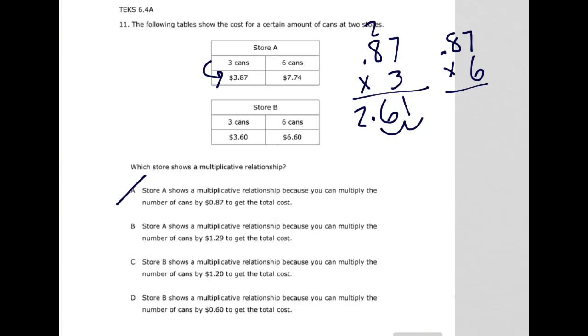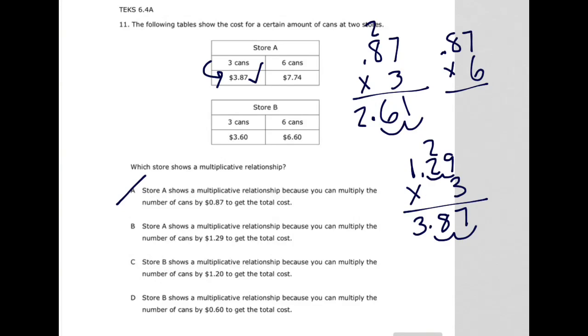My next one, store A shows a multiplicative relationship because you can multiply the number of cans by $1.29 to get the total cost. So I'm going to take $1.29 and multiply by 3 to figure out if $1.29 times 3 gets you the total cost. 3 times 9 is 27. 3 times 2 is 6, plus 2 is 8. 3 times 1 is 3, and then I need to move my decimal twice, so $3.87.